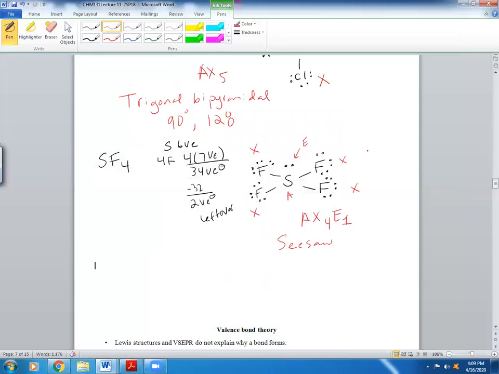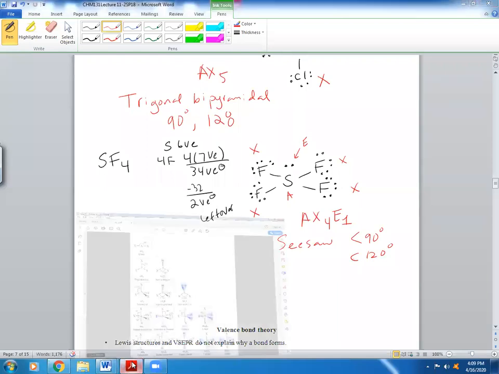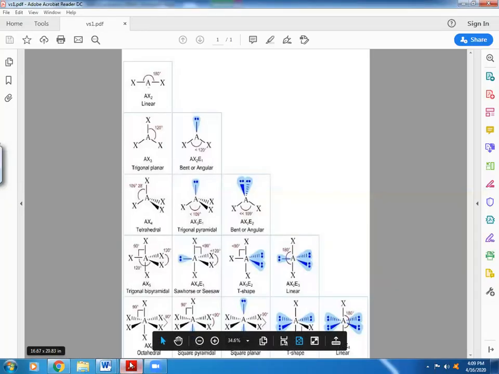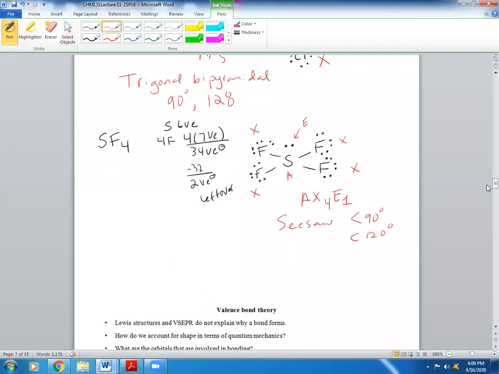So the angles are less than 90 and less than 120. So here it is. It's on your sheet. Do 2 more, and the other ones just follow. So let's do SF6.